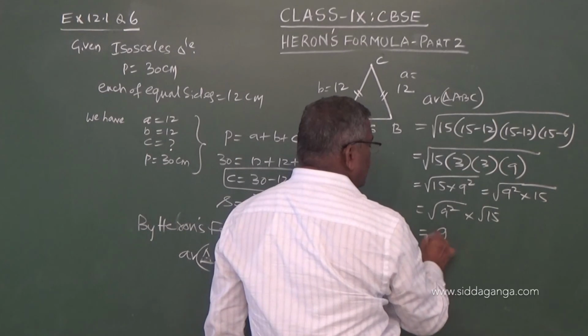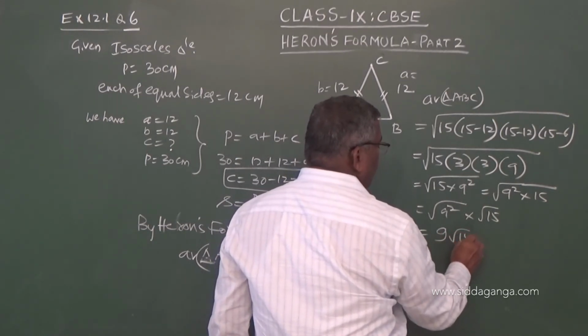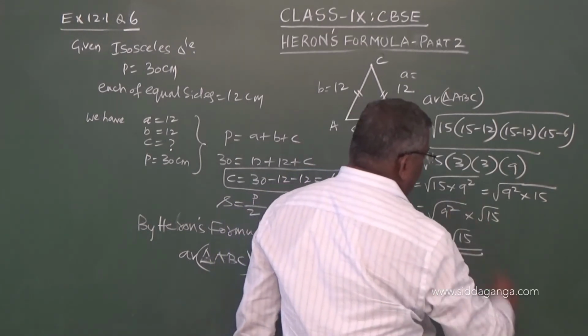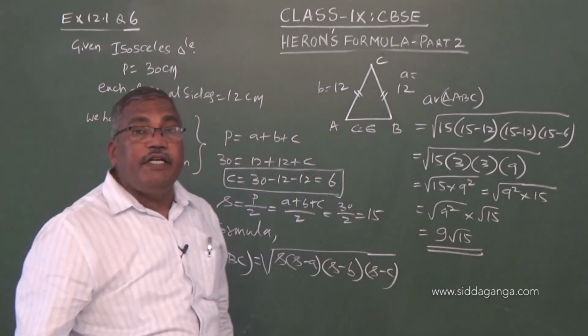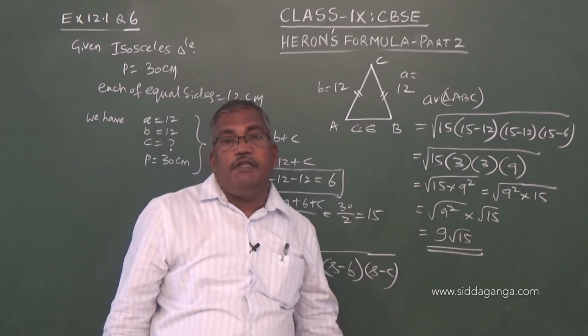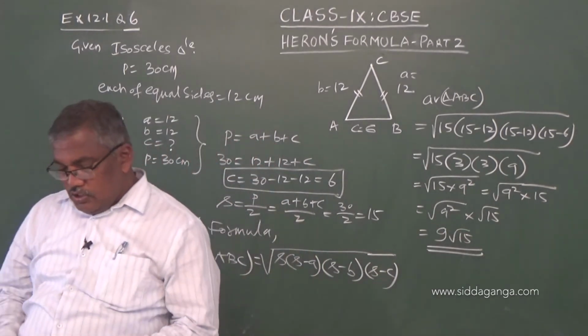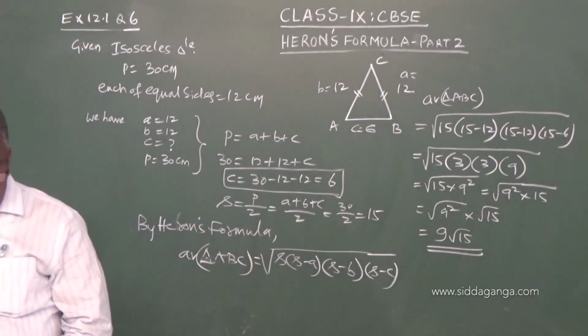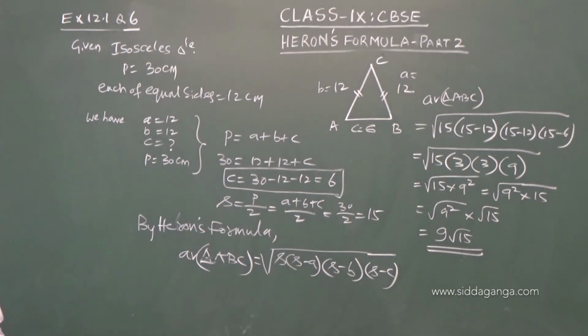Root of 9 square is 9, so 9 root 15. You can keep the answer like this, or you can find the square root of 15 and then multiply with 9. So this completes exercise number 12.2.